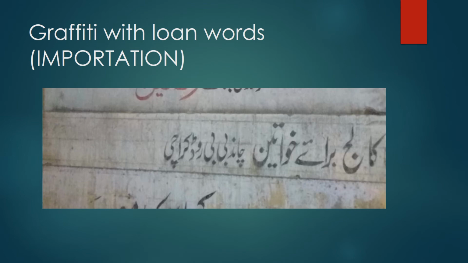In this graffiti, it seems to be a college's name, and the word college is an English word that has been adapted in Urdu here. Likewise, we have the word road here, which is again an English word. So it is another example of importation with loan words.